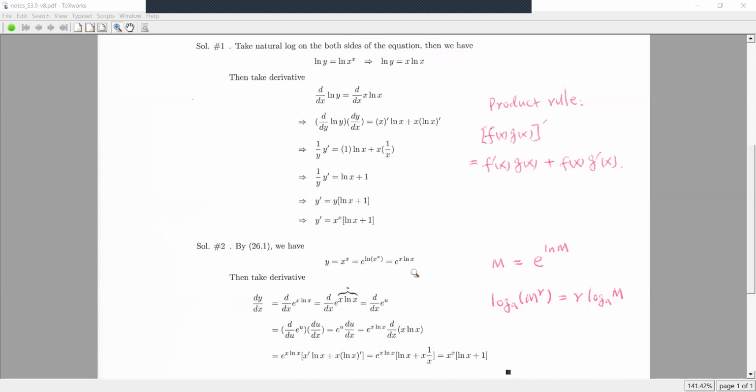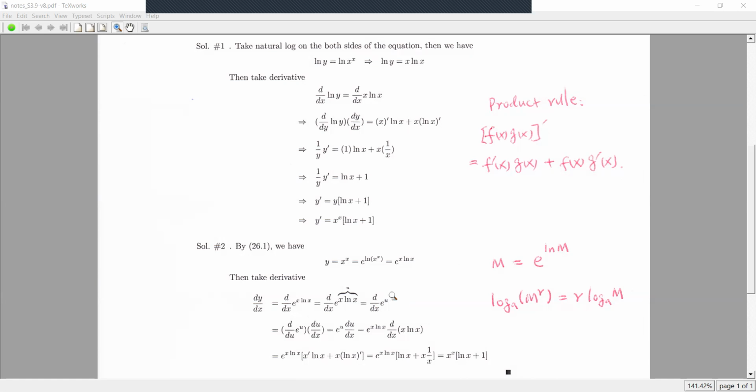I simplify the function by introducing an intermediate variable u. I let u denote x times natural log of x. Then the function becomes e to the u. The derivative of e to the u with respect to x is not computable directly.